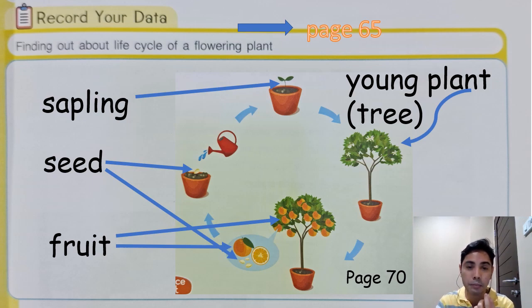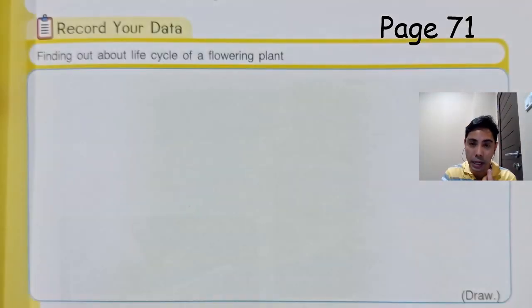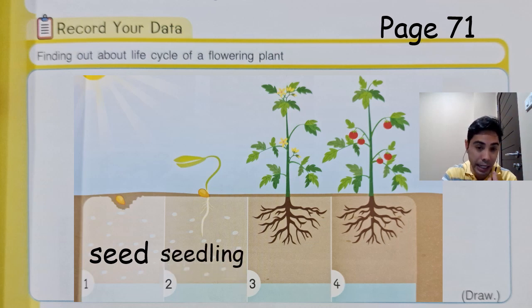Okay, now there is another picture. There is another way to draw a life cycle. You can also draw like this for the life cycle. First, we plant the seed, and then the seed will grow into a seedling, and the seedling will grow into a bigger plant, a young plant.